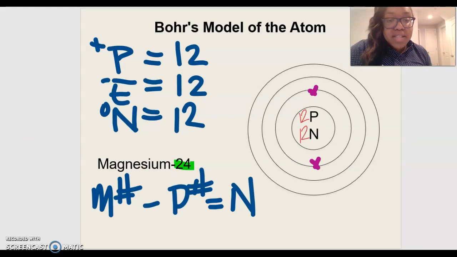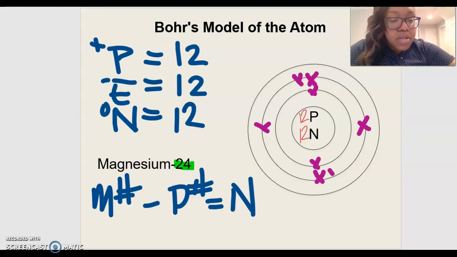So now that I'm on my next level, I'm going to add 8 electrons. 1, 2, 3, 4, 5, 6, 7, 8. Okay, so now I have 1, 2, 3, 4, 5, 6, 7, 8, 9, 10.